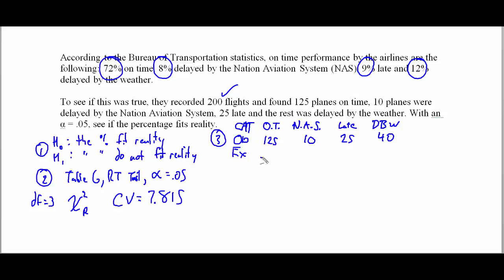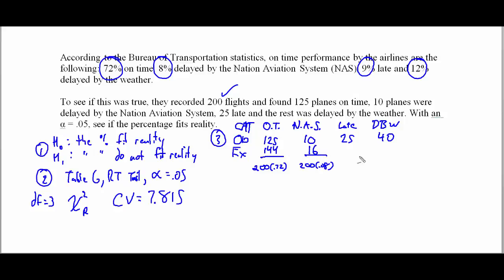To find the expected, if we expected these percentages to be spot on, I would take my 200 and multiply it by 0.72. That would give me an answer of 144 out of 200. Now the NAS was claimed to have an 8% delay, so 200 times 0.08 would give me 16.